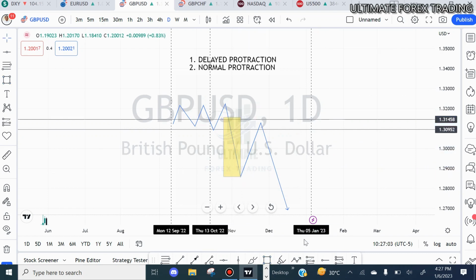This will be your manipulation, and then this will be retracement into the range, then continuation. This is the typical definition of a delayed protraction, right? You see accumulation, then manipulation in the direction of the intended bias, that is in a bullish scenario.